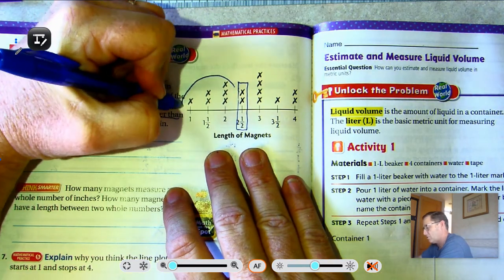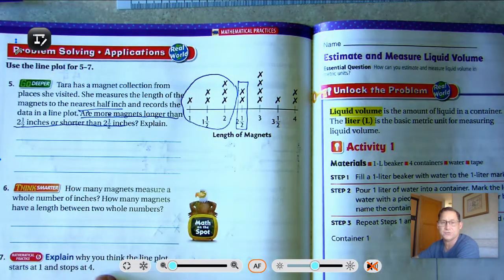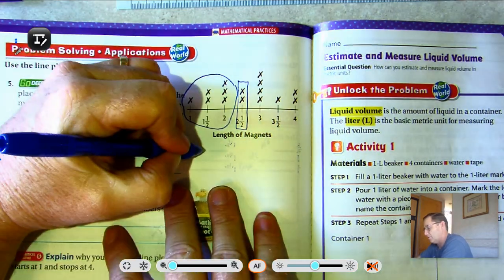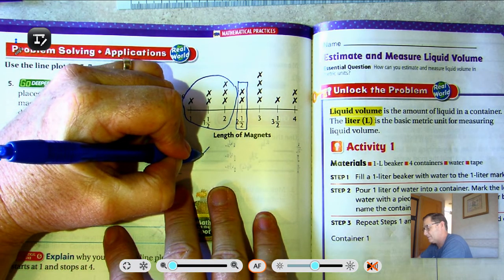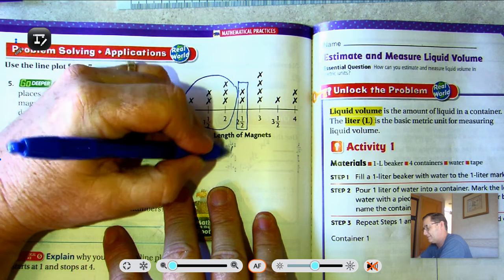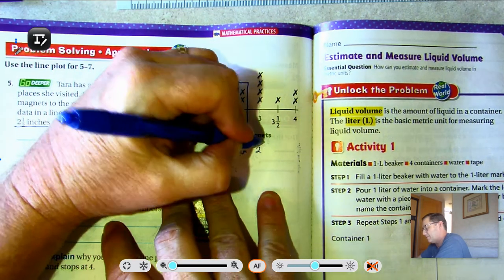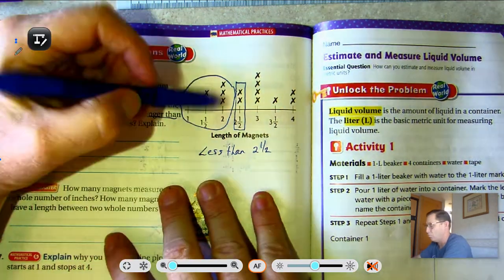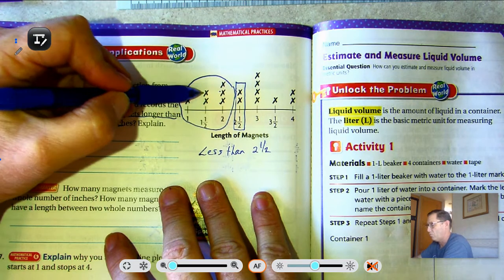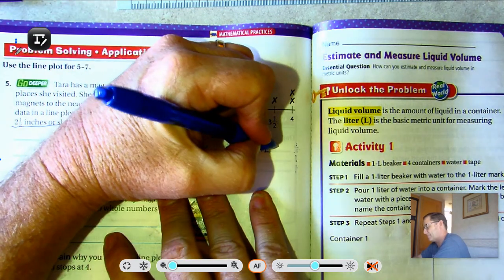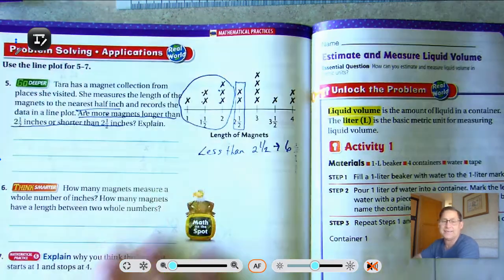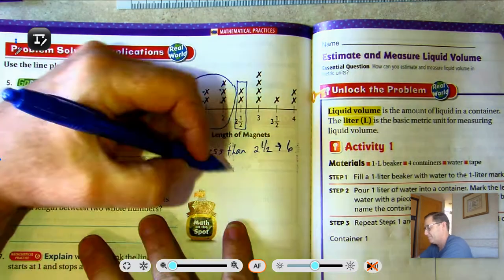So how many are less? Well, the ones I circle are less than 2.5. So I'm going to say less than 2.5 is 1, 2, 3, 4, 5, 6. 6 magnets are less than 2.5.